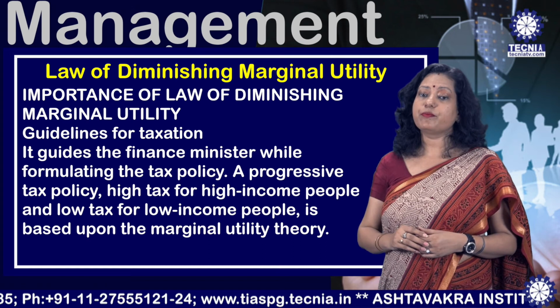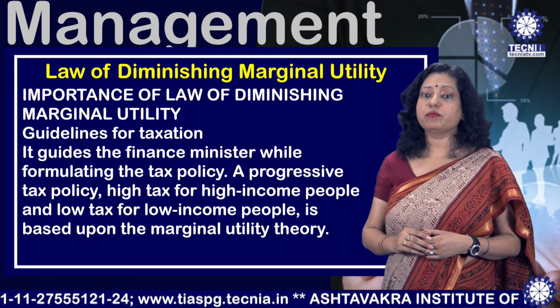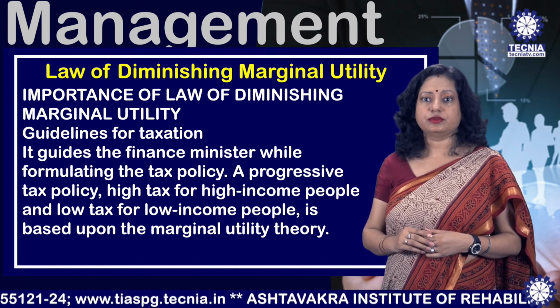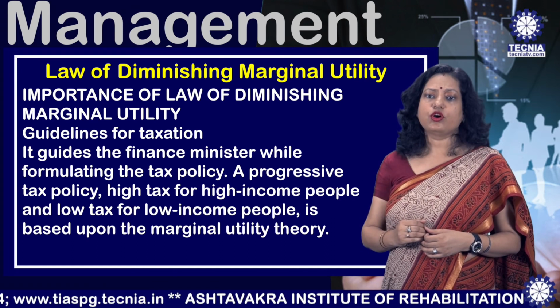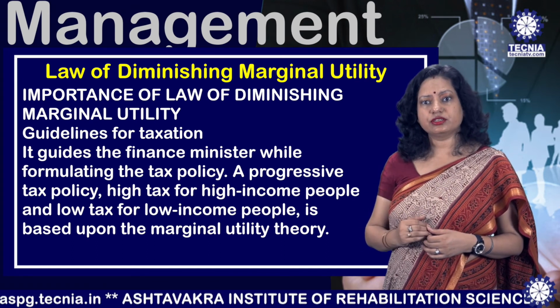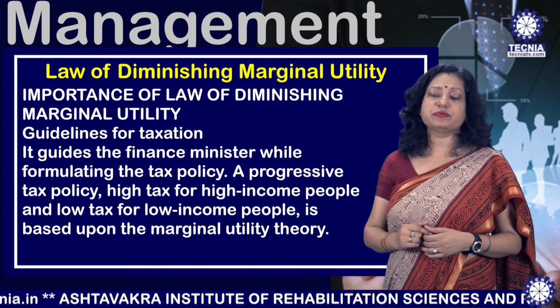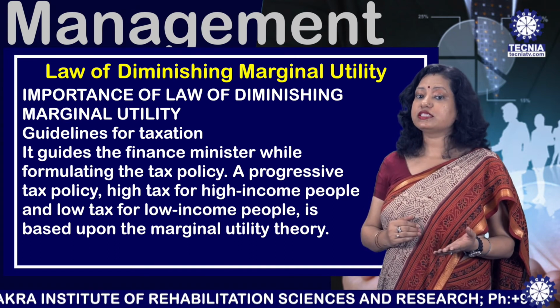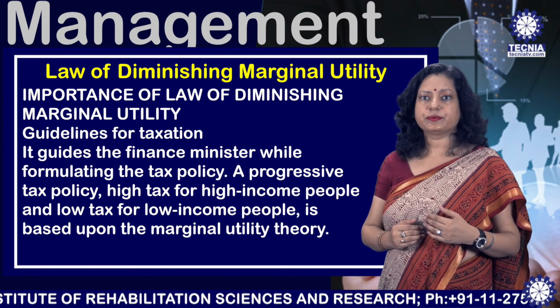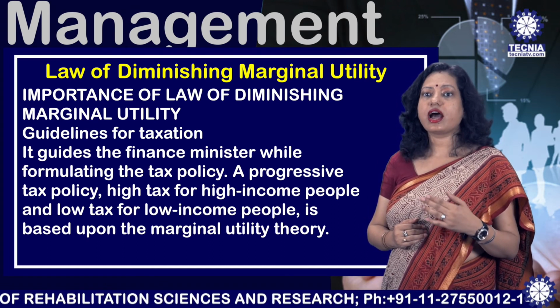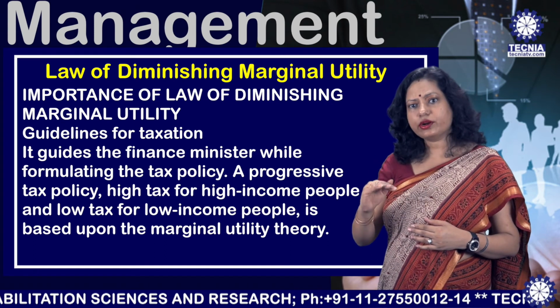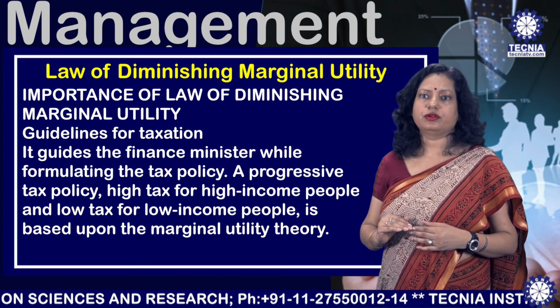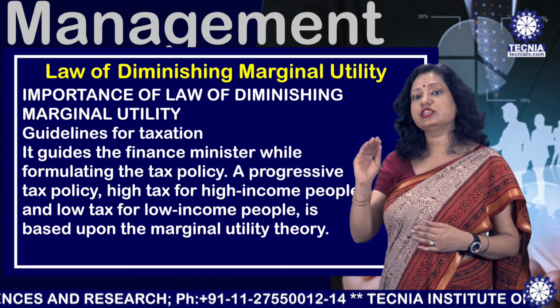There are certain importances of the law of diminishing marginal utility. We can use this law as a guideline for taxation. It guides the finance minister while formulating the tax policy. A progressive tax policy, high tax for high income people and low tax for lower income people, is based upon the marginal utility theory.